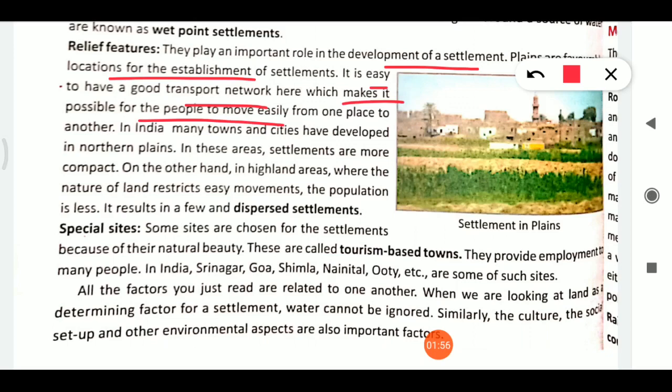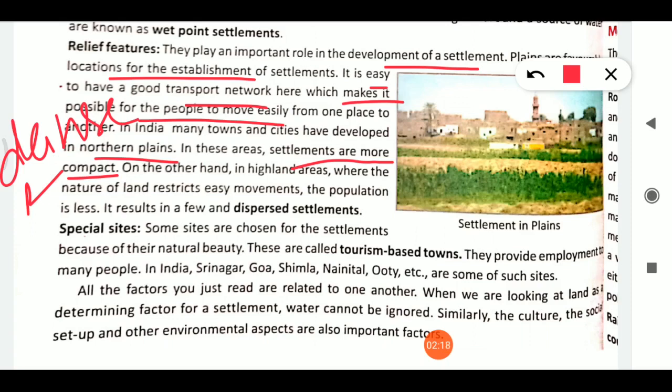Many of India's towns and cities have been developed in the northern plains, and in these areas settlements are more compact. What does compact mean? Dense.